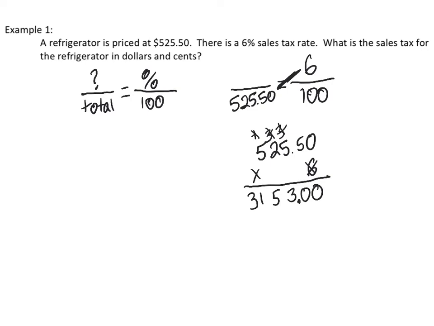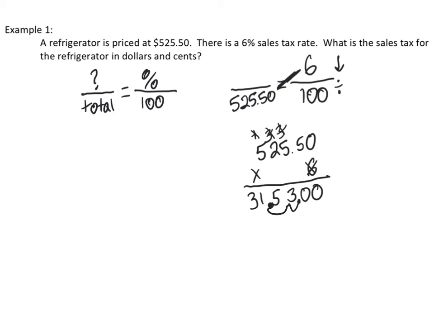And now I do the second part, is I have to divide by 100. So the first time we moved the decimal here was because we have 2 decimal places up top. Now we have to divide by 100, which means we're going to move the decimal 2 more places. So here's dividing by 100 right here.